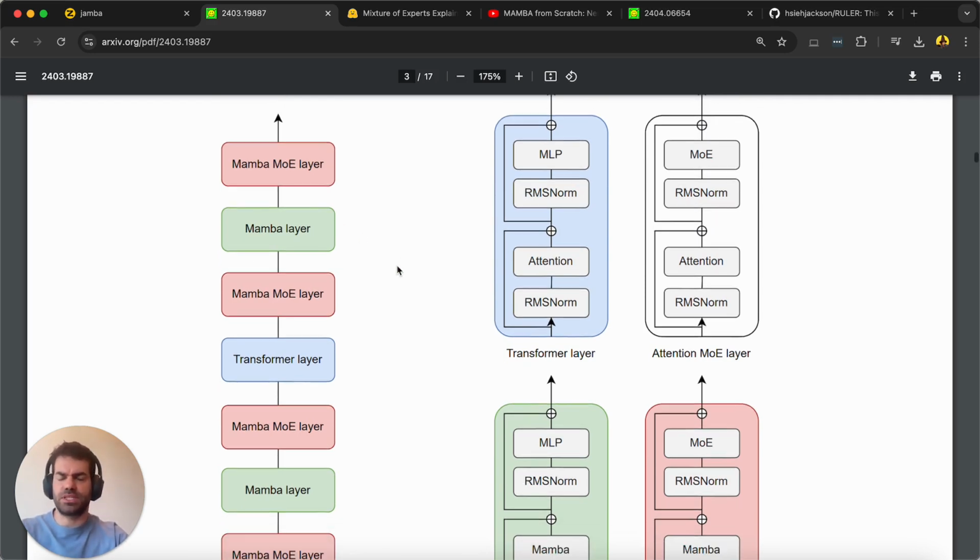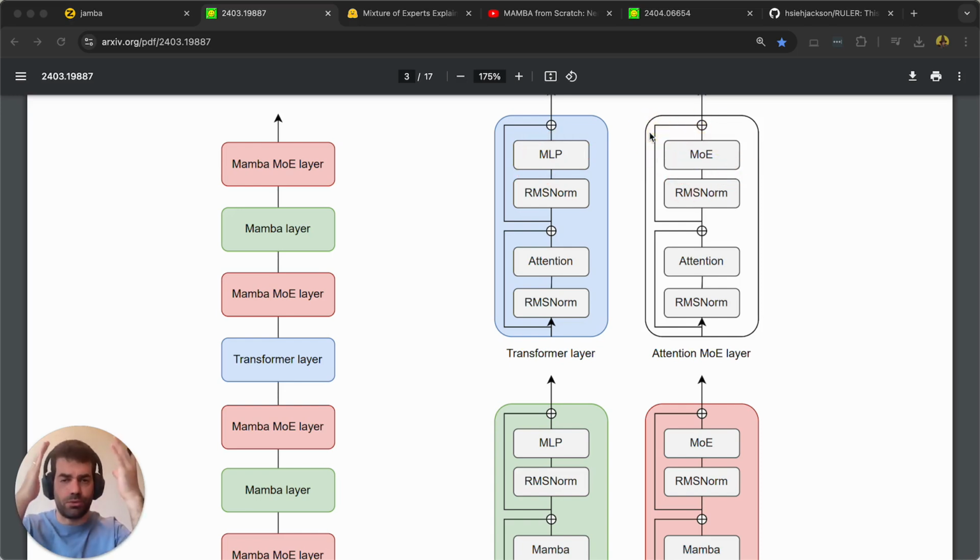And now on the side, we can see all those layers. So how does the transformer layer look like? Well, we have our RMS norm, attention, and then RMS norm and MLP, where the difference between the transformer layer and the attention MOE layer is just this part, MLP and MOE.